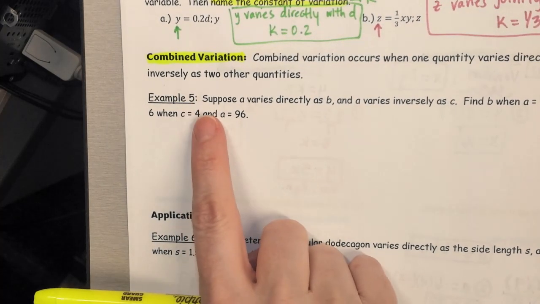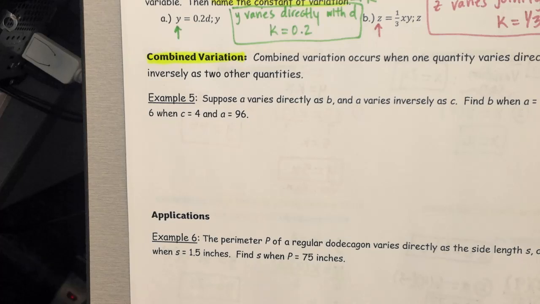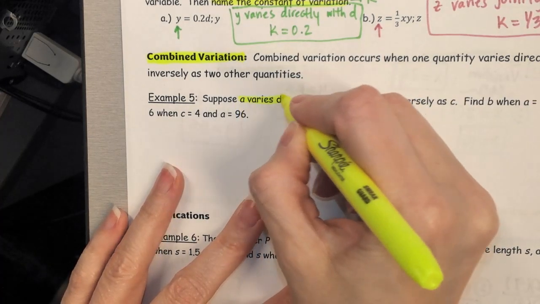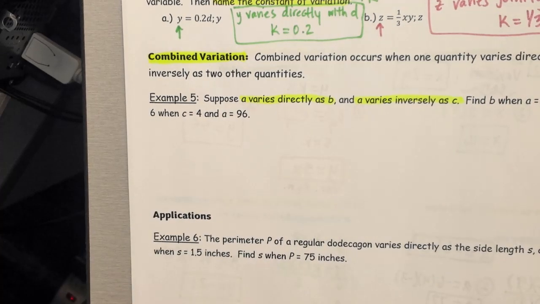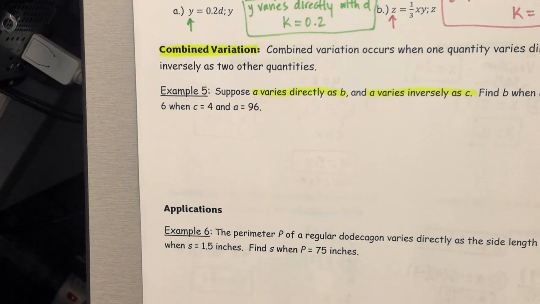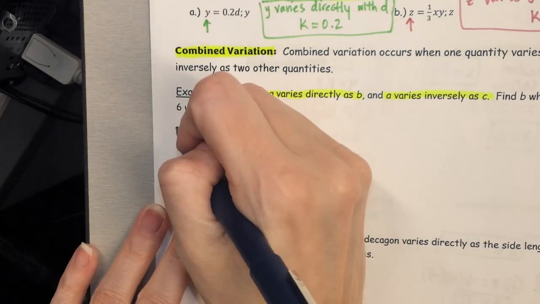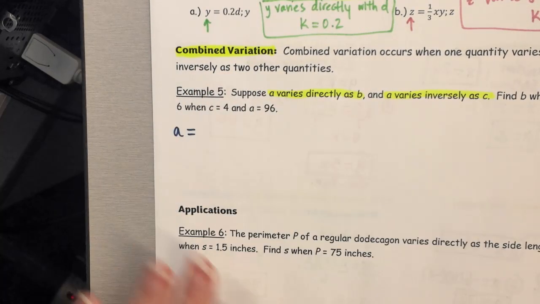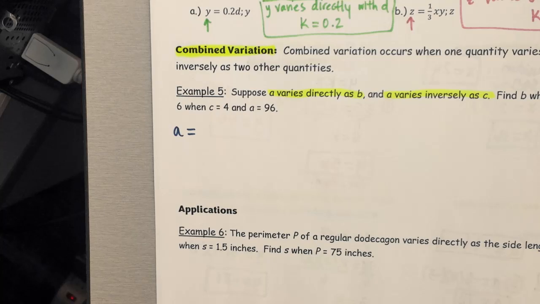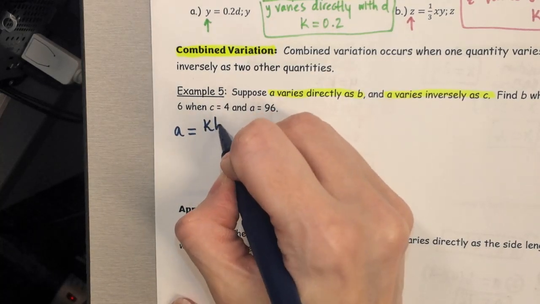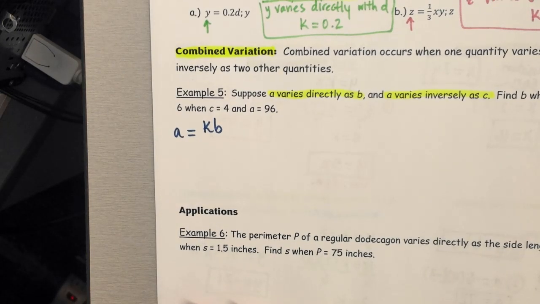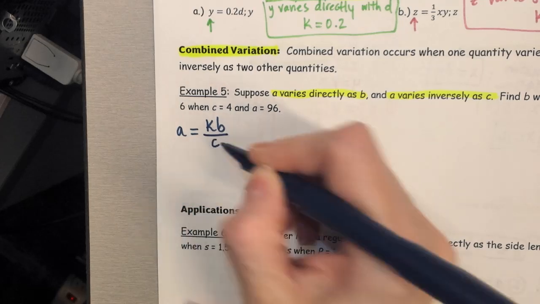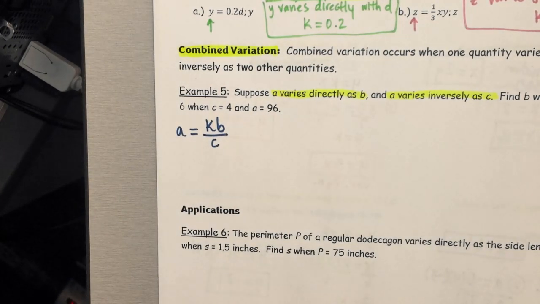So in example 5, it says, suppose A varies directly as B and A varies inversely as C. So it's two of those combined. So the way that you would write your equation is A equals, if it's directly as B, it's K times B. If it's inversely, it would be K over C. So all we need is the over C.